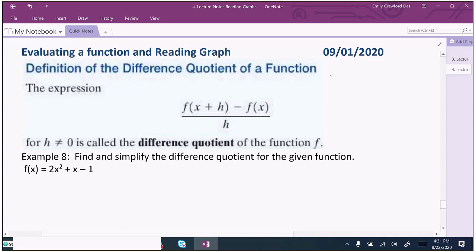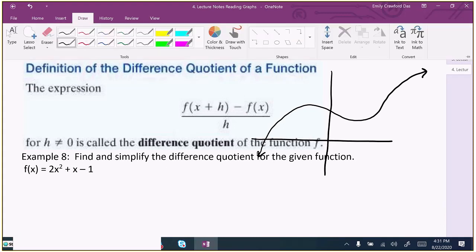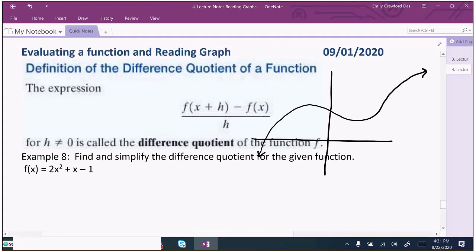And let's think about, say, some function. Maybe it looks like this. And let's choose some point on the axis. This is the x-axis, and say this is our x value. And then h is some positive number or some non-zero number. Let's say this distance is h distance.